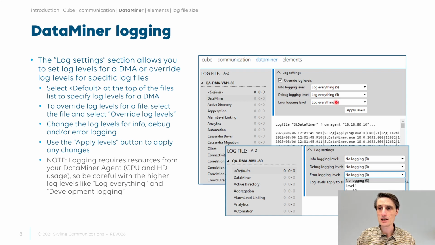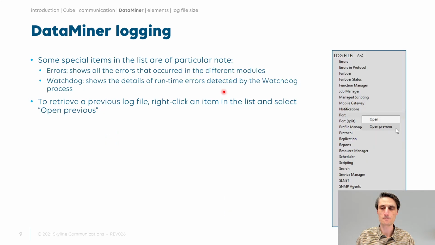If you want to change that, you can change that to, for instance, log everything. Click on apply levels and it will be applied for one module, or if you change the default, it will be changed for every log file. Now, there are two that I will immediately show and give you a little bit more details on. That's the errors and the Watchdog, because those are two special cases.